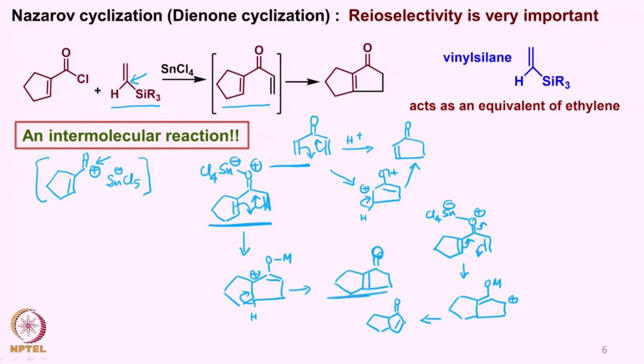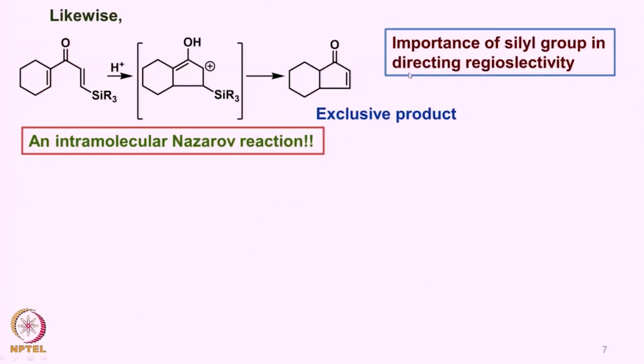So this product is different and this product is different, but this product has a double bond which is more substituted, and therefore this is thermodynamically more stable, and that is the reason why this particular product has formed.